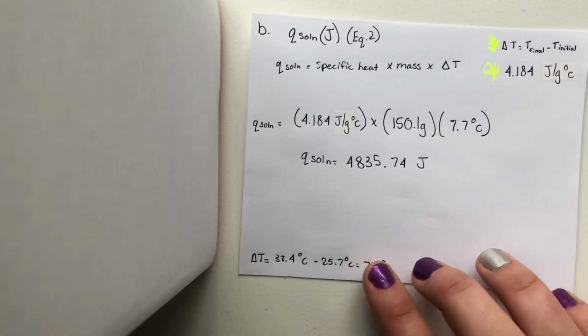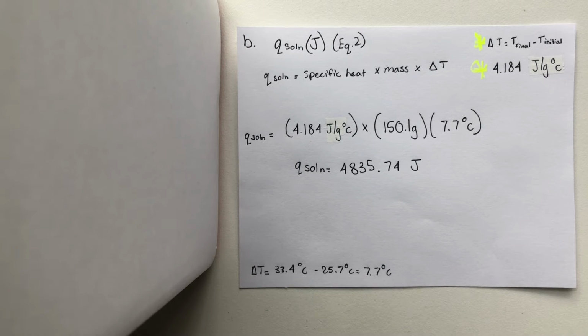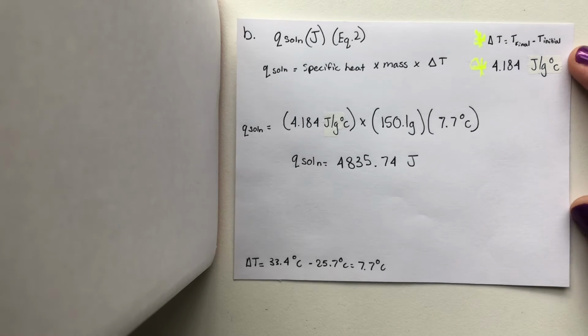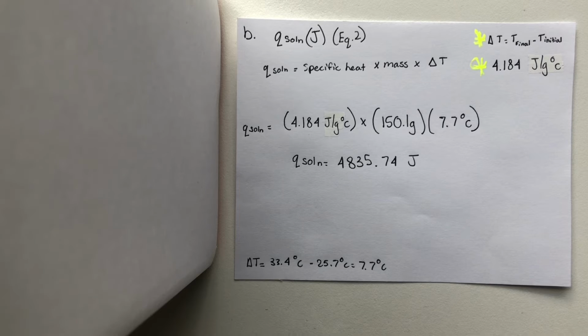For Part B, we will be focusing on finding the Q solution in joules, which is equation 2. And equation 2 says specific heat times mass times delta T, so that's the change in temperature, and we will be finding that by taking the final temperature minus the initial, which is down here, so we had the 33.4 degrees Celsius, minus the 25.7 degrees Celsius is equal to 7.7 degrees Celsius.